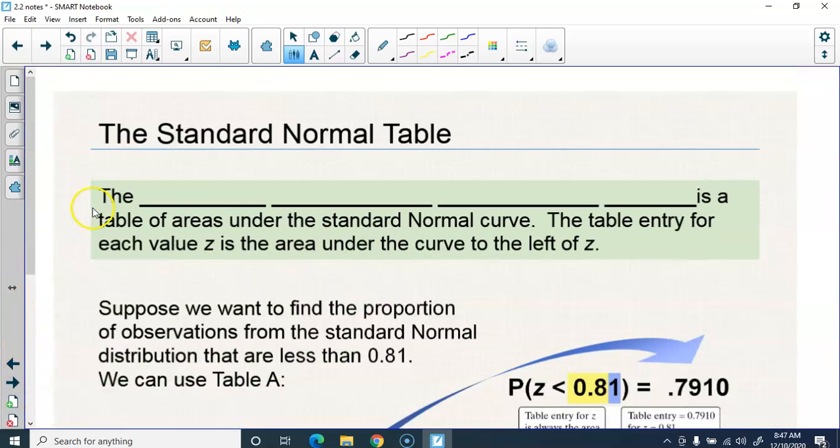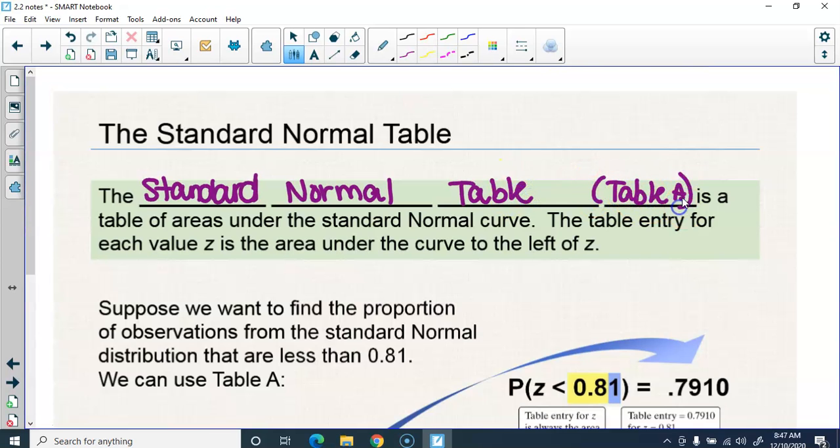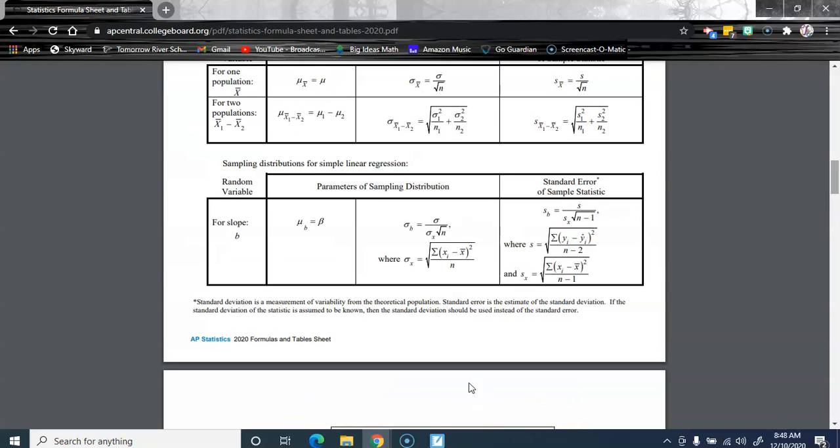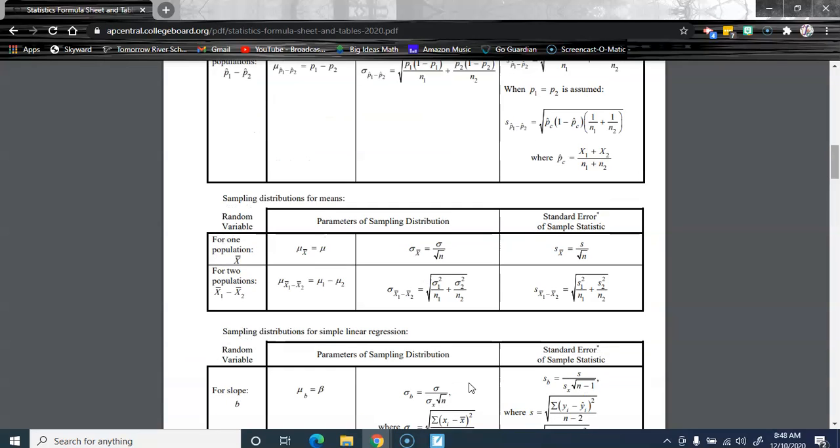So what we use for areas for the standard normal distribution is called the standard normal table. That's table A in the back of your book. And you're also going to be given this table when you're doing AP practice. So here is what this looks like in the AP practice cheat sheet. This is the whole thing that you get when you take the AP test.